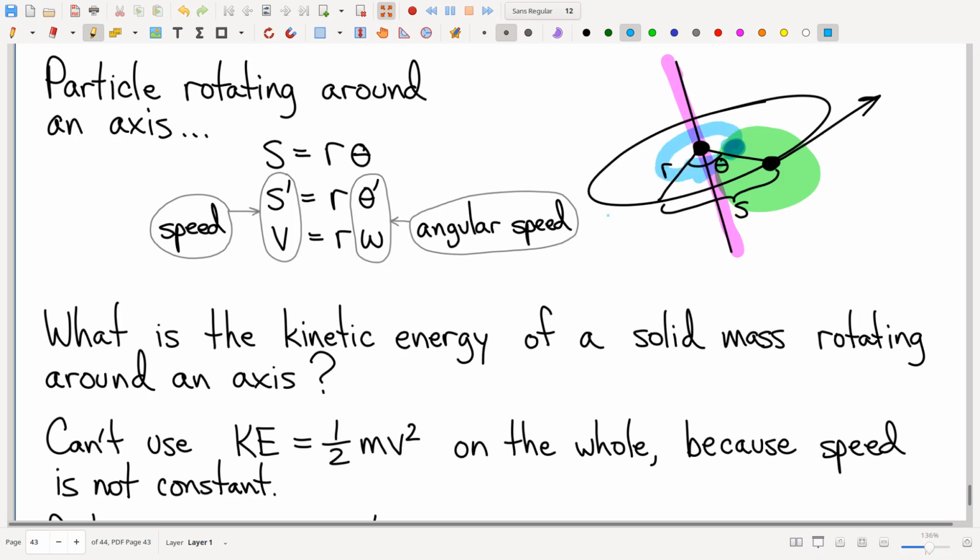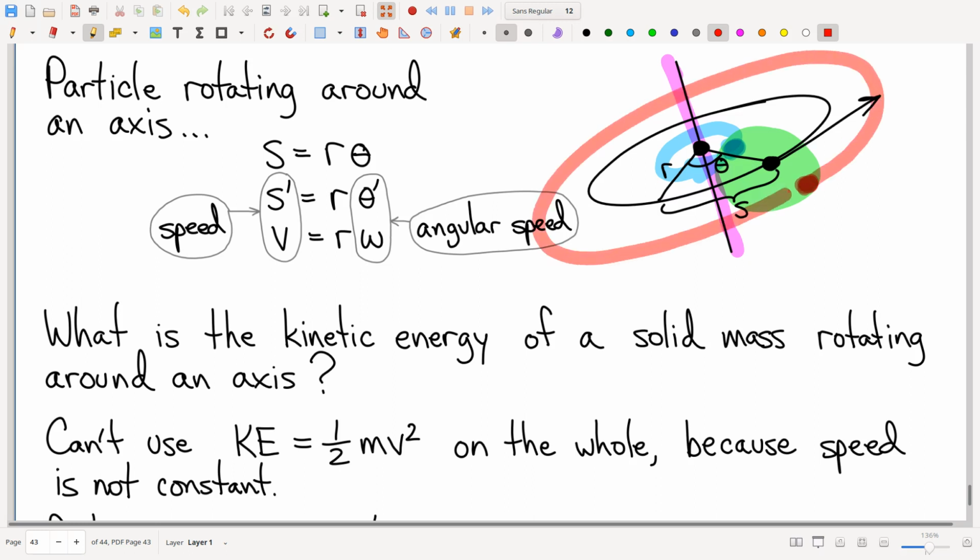in one rotation, that little piece of mass doesn't move very far. But in that same amount of time, in that same single rotation, this little piece of mass there moves a much greater distance. Said differently, this little blue chunk of mass isn't moving with as much speed. This red chunk of mass is moving with much greater speed.